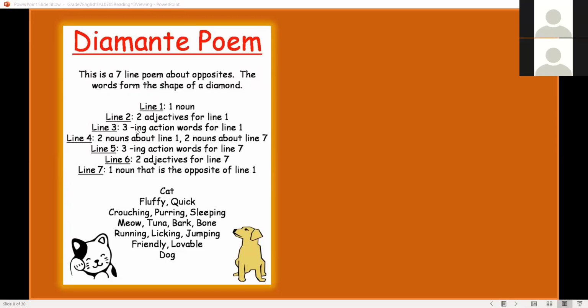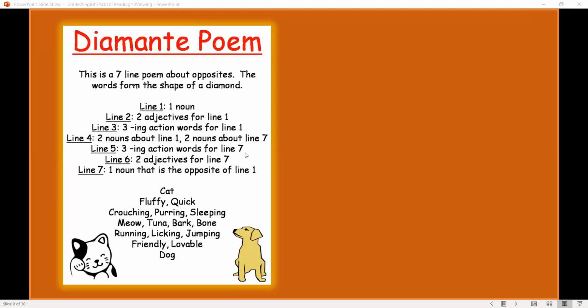Then you have 3 ing words for line 1, just like the cinquain poem. Line 4, you will have 2 nouns that just talk about line 1 and 2. Line 5, you have ing action words for line 7.